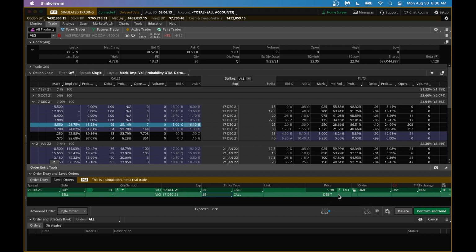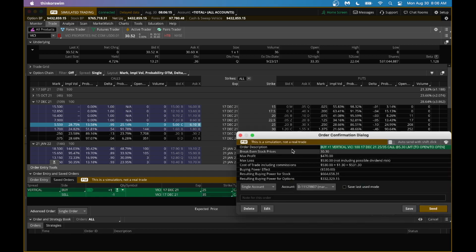Almost double your money type proposition. Max loss is $5.30. If the stock is above $30.30, which is just below the current stock price, you'll still make money. A little bit conservative play. You want the stock to go above $30.30, and I think this is a good play.